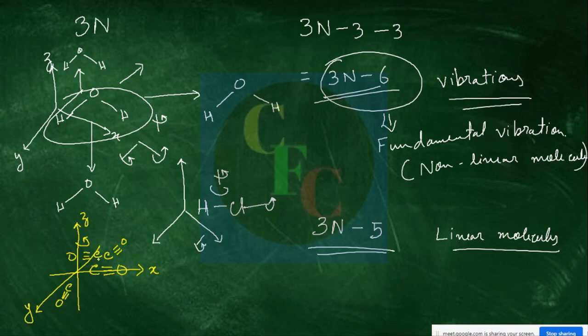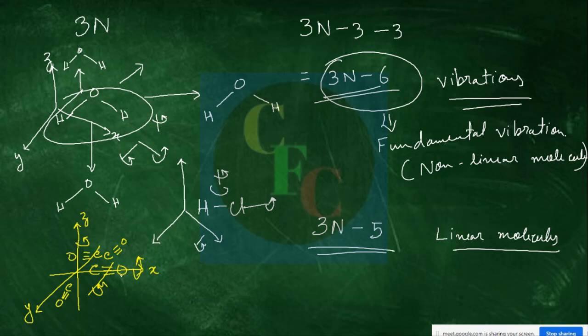So that means the positions of carbon and oxygen are changing if you rotate it along the Z axis. The same will happen if you rotate it along the Y axis. But if you rotate it along the X axis, that is along this bond axis, the coordinates of carbon and oxygen will not change. Why? Because you are rotating along the bond axis itself, and the molecule is linear.